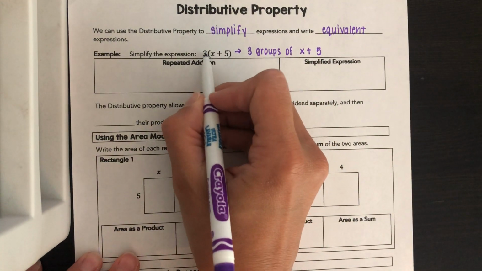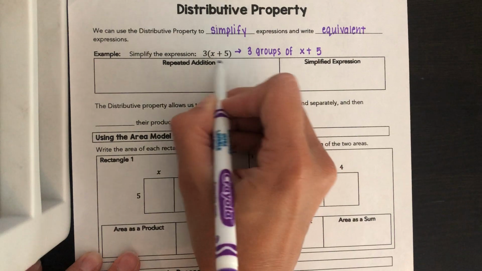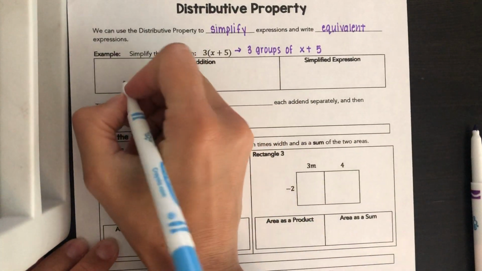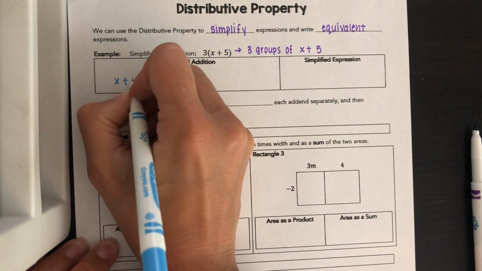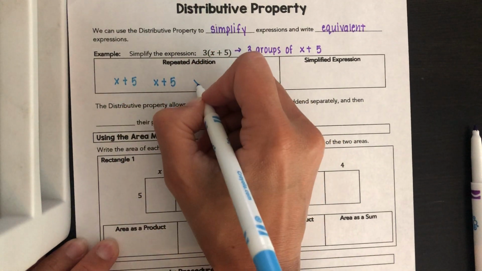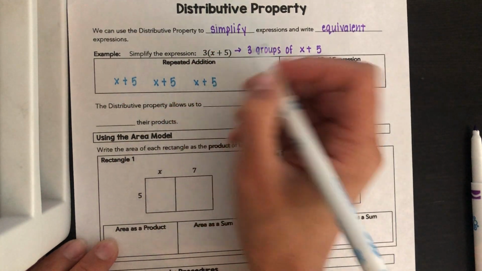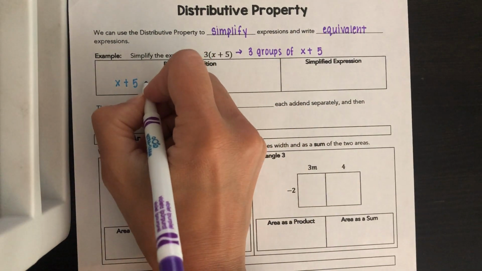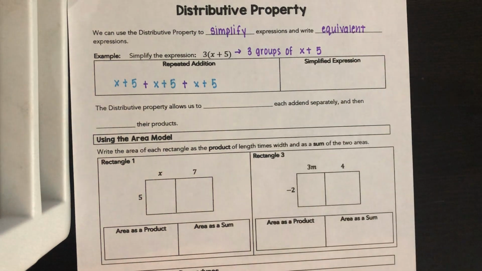So in this case, we are multiplying 3 times the quantity x plus 5, so we have x plus 5 three times. What does this look like? We have x plus 5 one time, x plus 5 another time, and x plus 5 again. Because this is repeated addition, we're going to add all of these x plus 5s together.